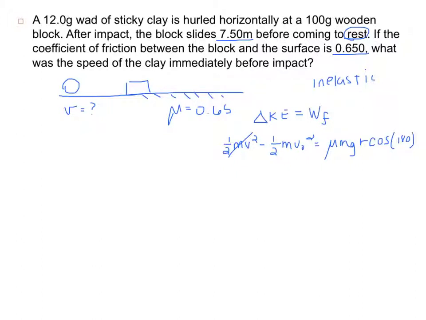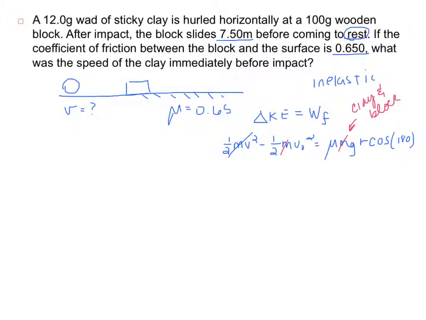Again, we're trying to work backwards to eventually get to the velocity at the very beginning. Here, my masses will cancel out. Even if you didn't cancel the mass, you needed to make sure to include here that this is the mass of both the clay and the block. But in this case, it doesn't matter because it does cancel out.